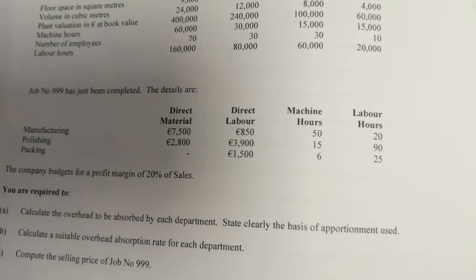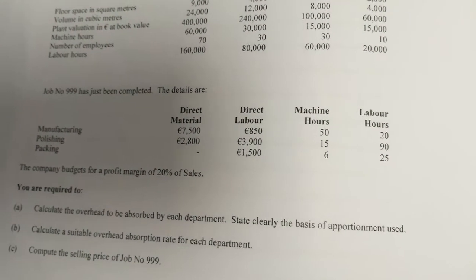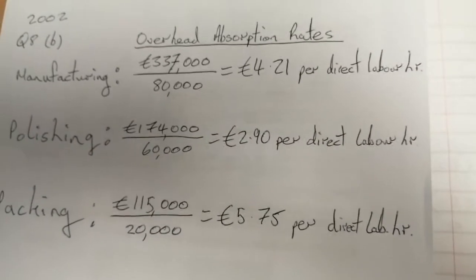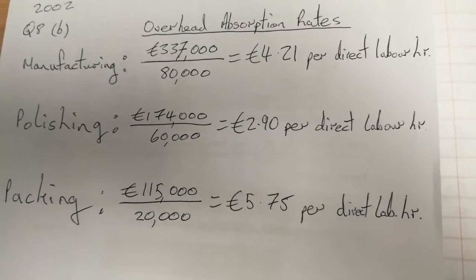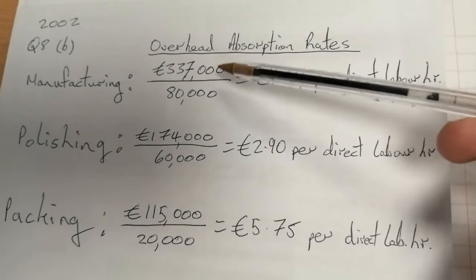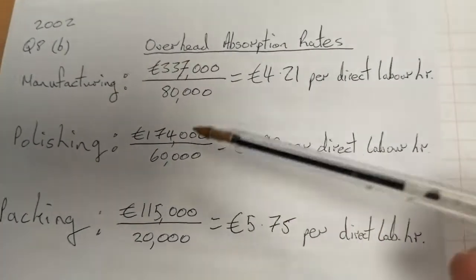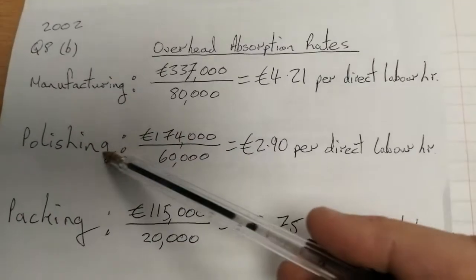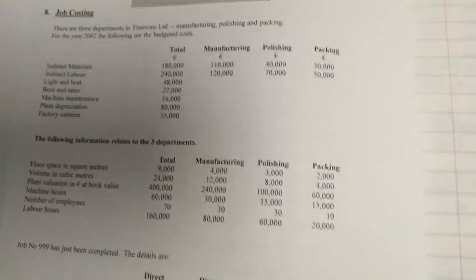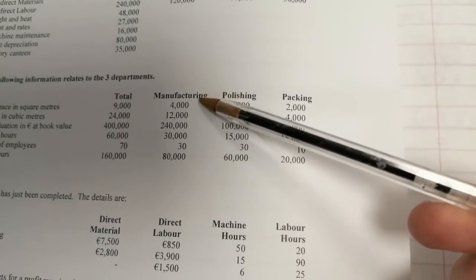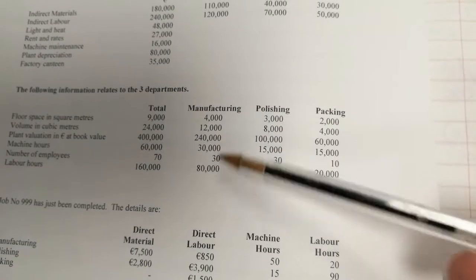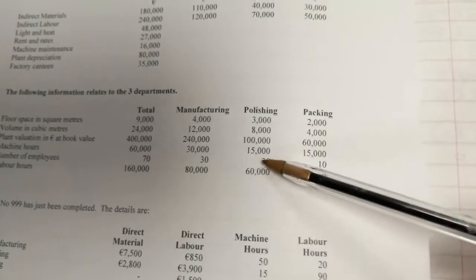Okay, so first of all then, I have done part B. I'll just show you here the bit that I've done. Yours should say something similar. The total overheads for each of the departments was 337,000 for manufacturing, 174,000 for polishing, and 115,000 for packing. Looking at the question, in the manufacturing department there's 80,000 labor hours and 30,000 machine hours, so we should be using the labor hours.